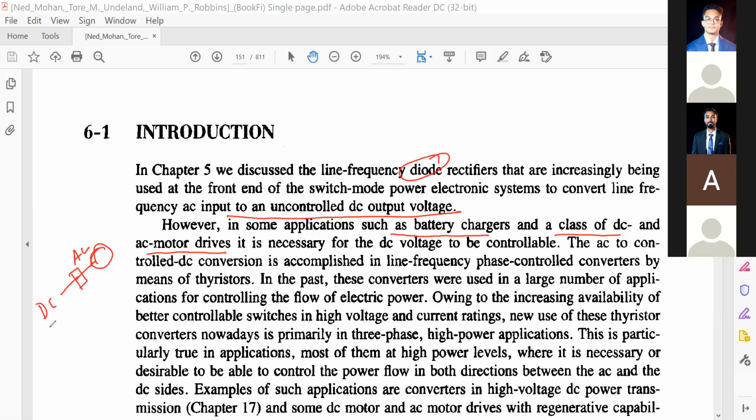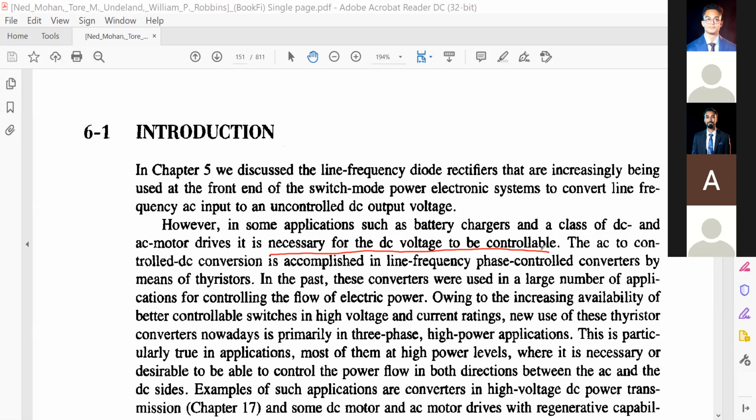So if you change this DC, then the magnitude of the AC will be changed, and the motor speed will also be changed. So they mentioned that for the battery charger as well as for the AC or DC drives, it is necessary for the DC voltage to be controlled.